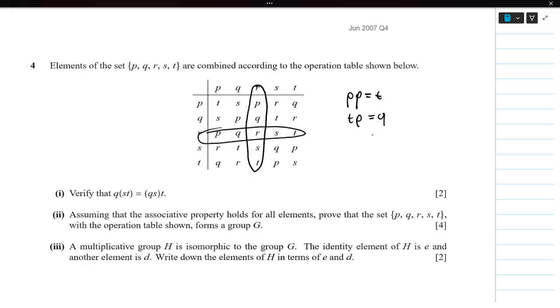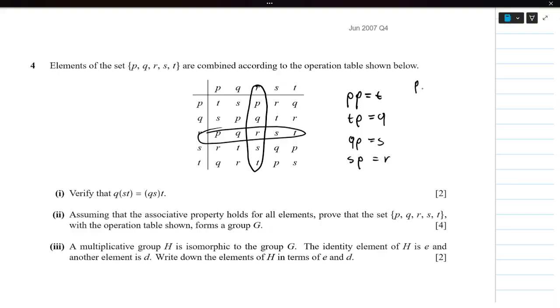So I could write PT or TP. But regardless, QP is S, SP is R, and we've reached our identity.